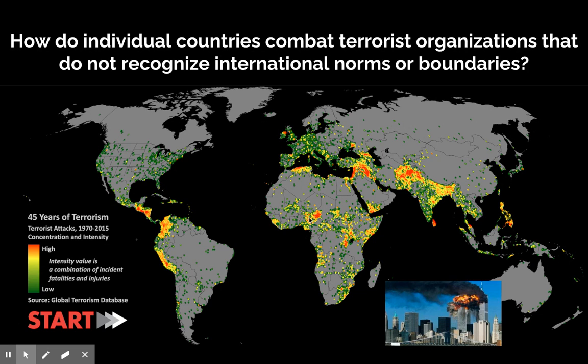Nigeria is a great example of a country that's on a map. You can see the boundaries, but the central government of Nigeria might not control all of the territory within their country. And you know that there's been some terrorist attacks in the United States, but there's terrorist attacks that have happened over the last 45 years in Central America, assassinations, bombings, political killings.